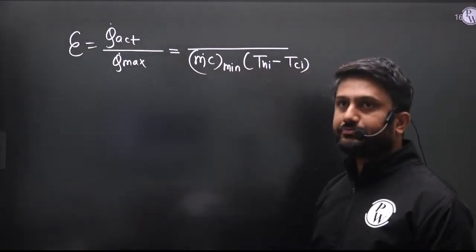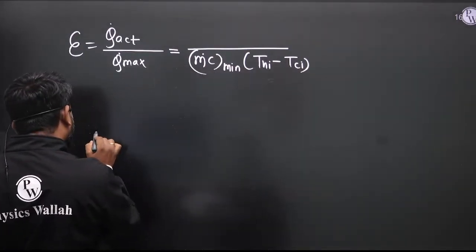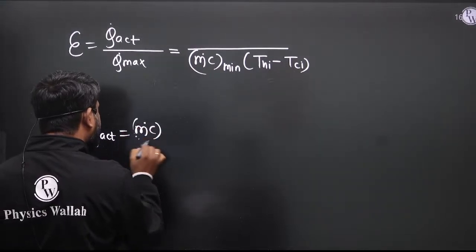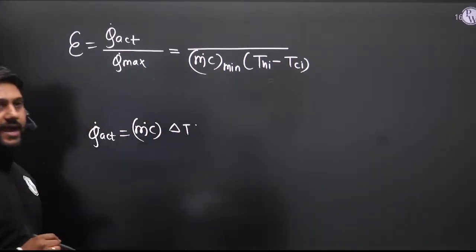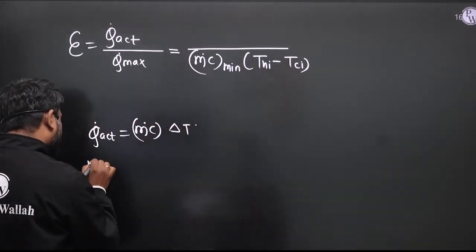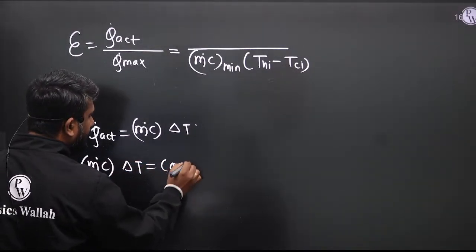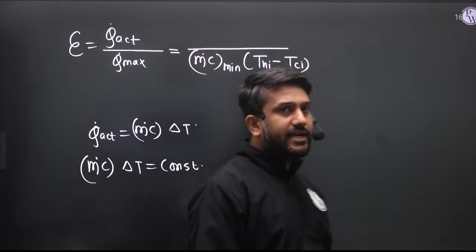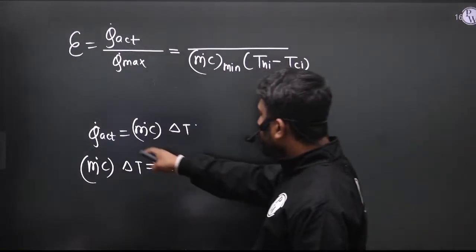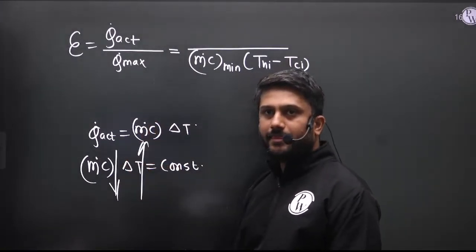Now see here, the actual heat transfer is nothing but m dot c into delta T. The product of m dot c and delta T is constant. So if this is the minimum, then obviously this is maximum, and vice versa.